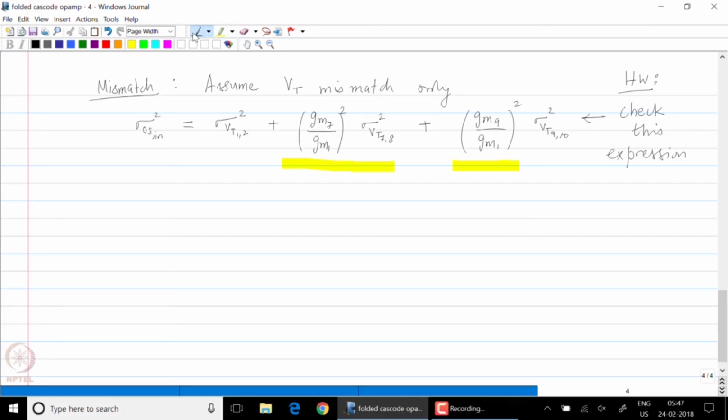Now we are in a position to write down the data sheet of the op-amp. So we are able to compile the different expressions. We will follow the same set of expressions as we have derived so far. So the first thing you want to know about the op-amp is the DC gain or the low frequency gain.